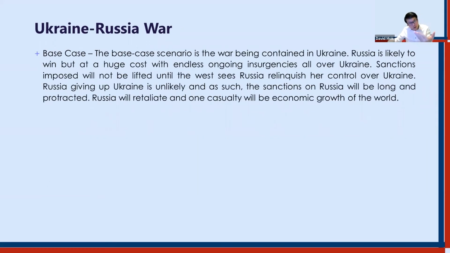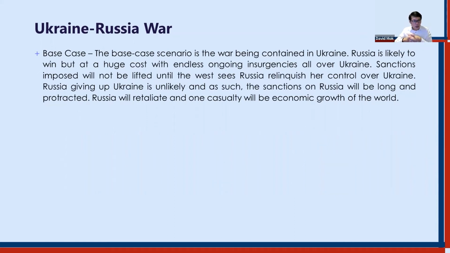If you believe in a base case, which is that the war is contained within Ukraine, though it can go beyond Ukraine's borders. You have heard the Ukraine president saying that if there's no peace agreement, it's going to be the start of a third world war. I don't know where you heard about that, but he said it.